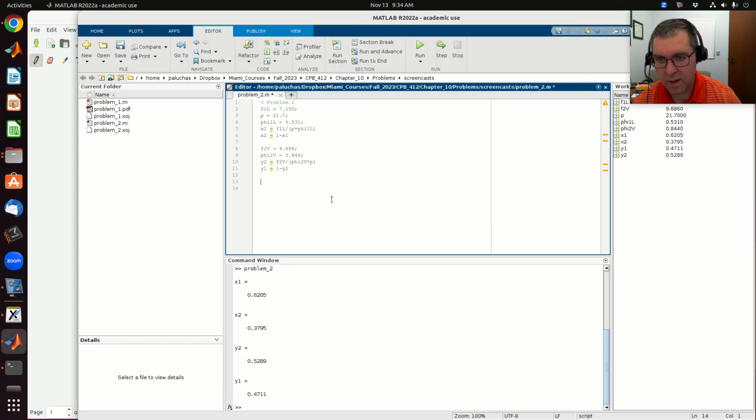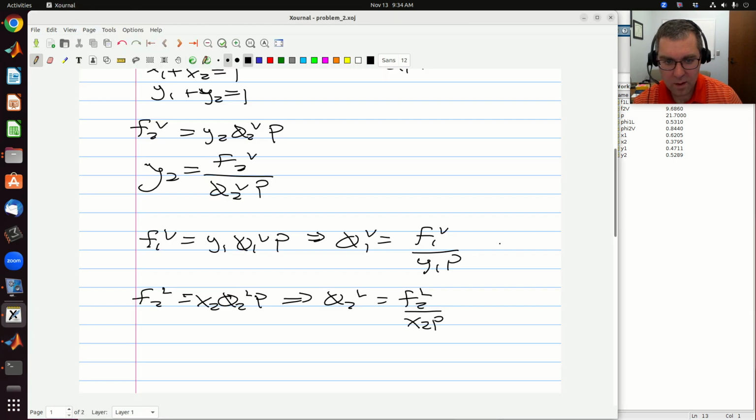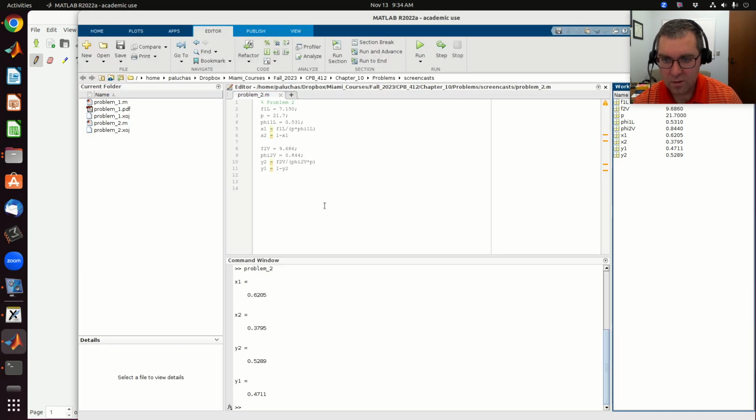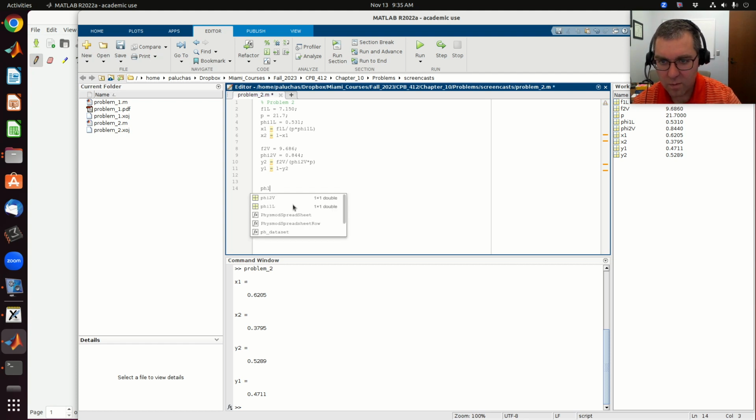So let's get a new block here. And I already have f1v, I have y1, I have p. So phi1v is equal to f1v divided by y1 times p. And then we had phi2l equal to f2l divided by x1 times p.